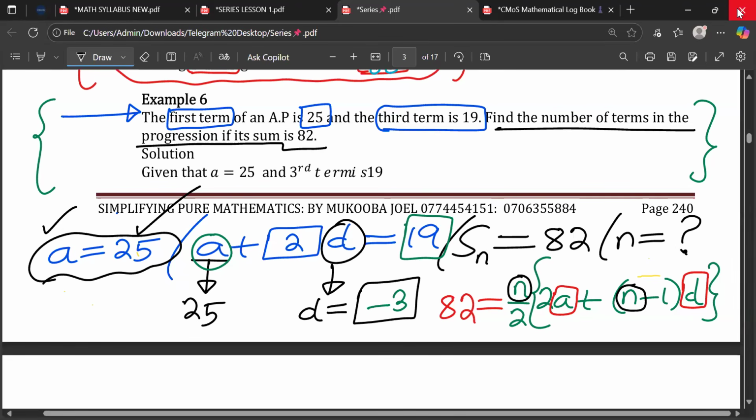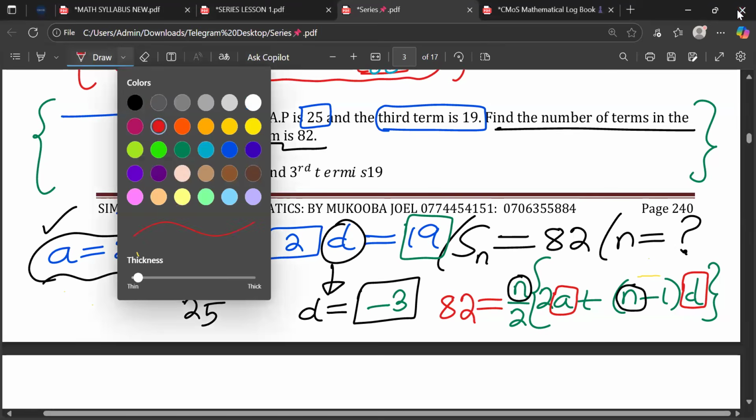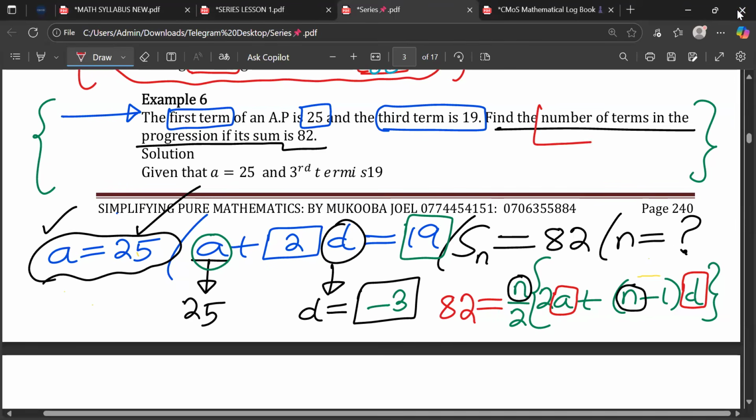Is there any of you who can fail to get the value of n? I want to see people's comments in the chat saying, I can. I want 20 comments telling me that you can get the value of n, because that's what they want. It is the number of terms n.